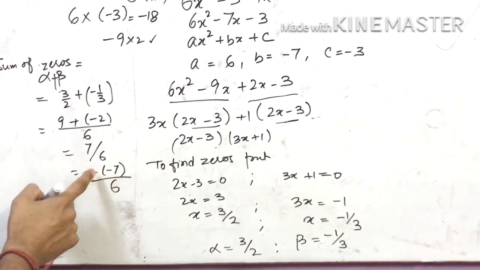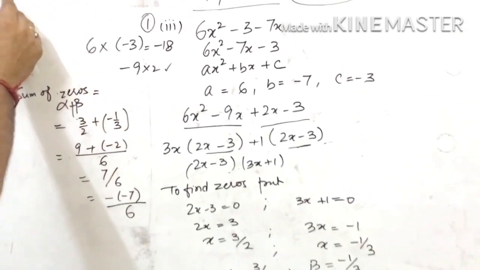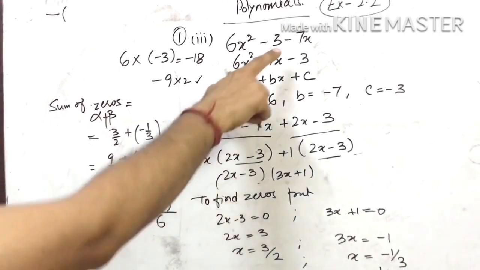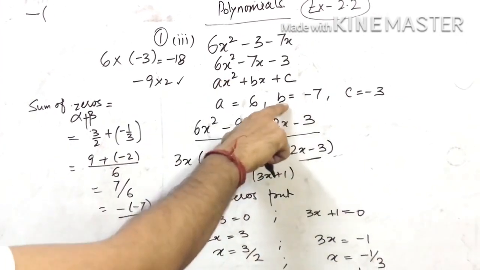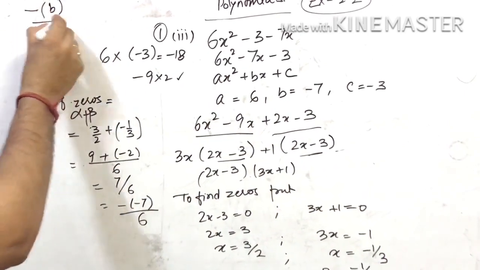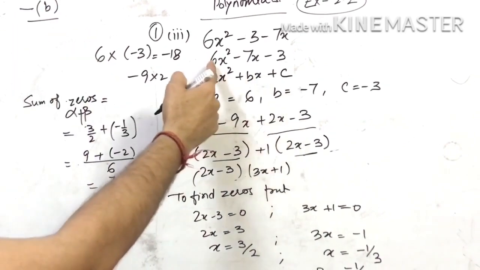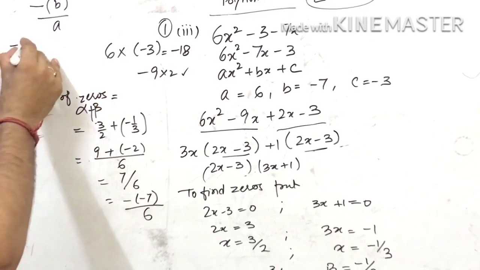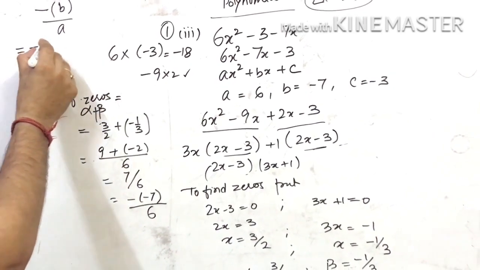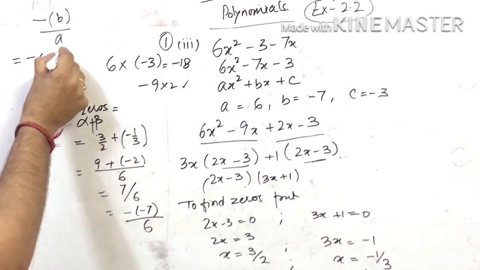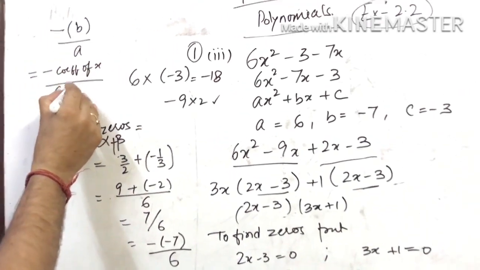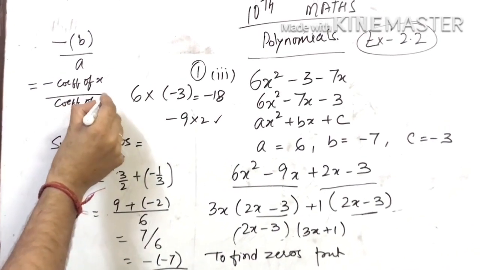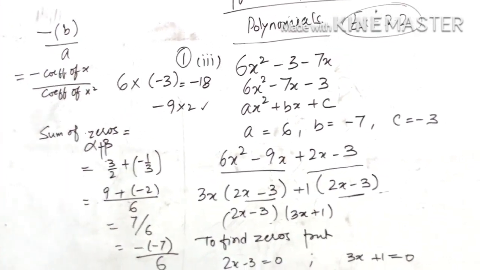So what does it mean? For minus 7, you write down, this is the coefficient of x. So minus 7 is b and 6 is a. So the answer is minus coefficient of x divided by coefficient of x square. So relationship proved.